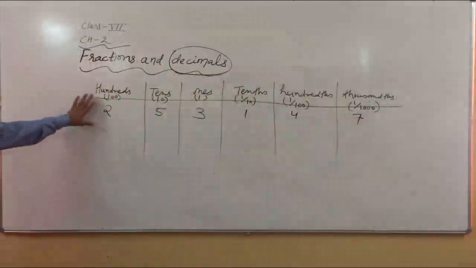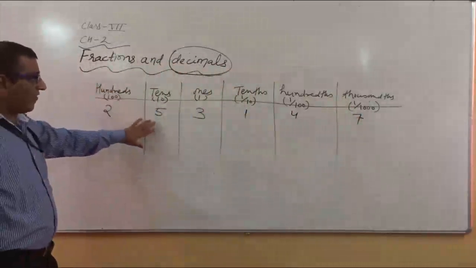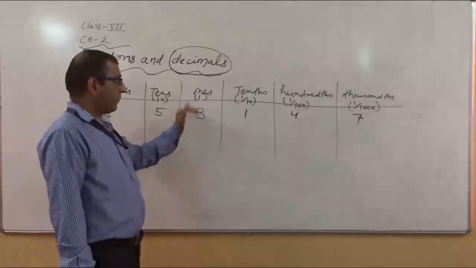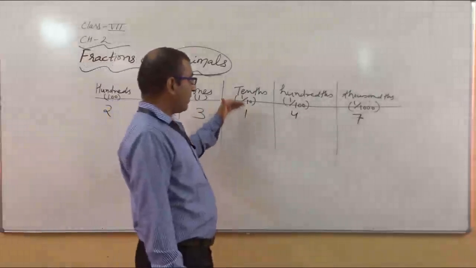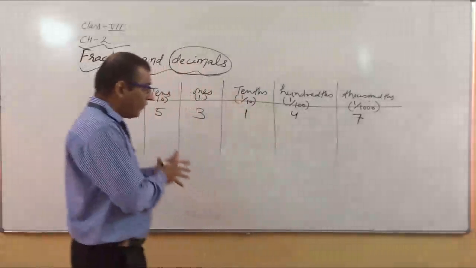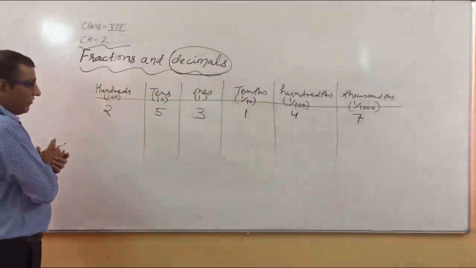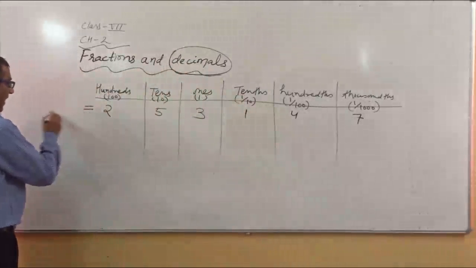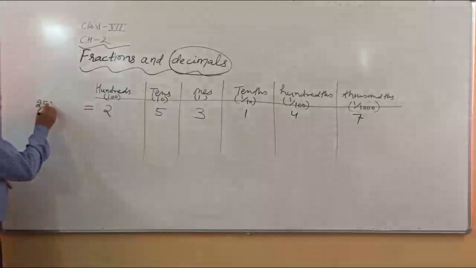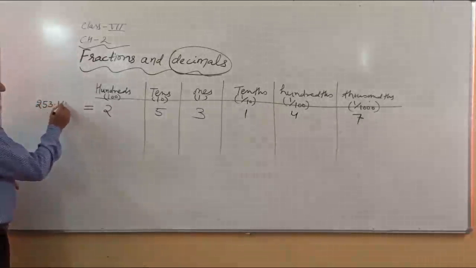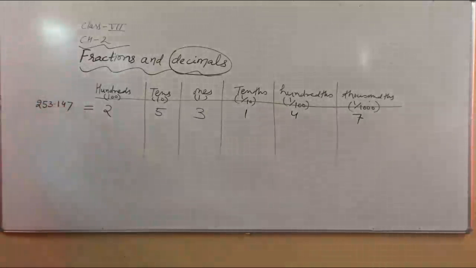I know very well 2 multiplied by 100 becomes 200, 5 multiplied by 10 becomes 50, 3 multiplied by 1 becomes 3, 1 multiplied by 1 upon 10 is 1 upon 10. So when you add all these, it can be written as 253.147. We can't say it is 147, it is 0.147.